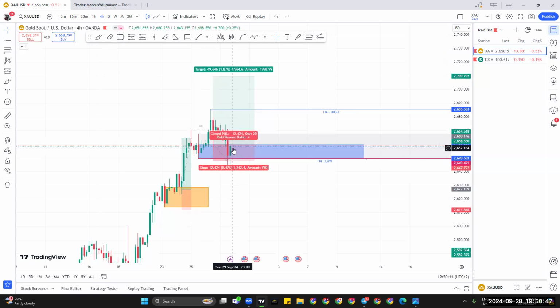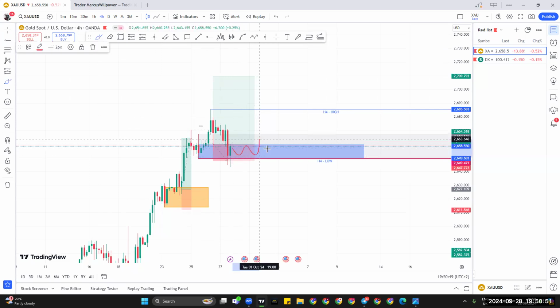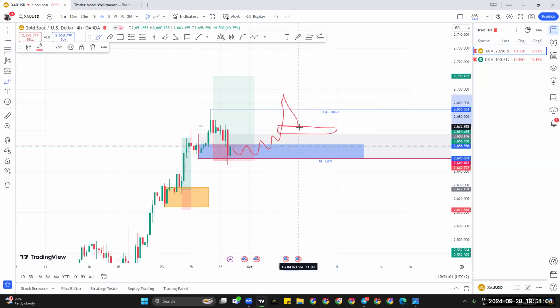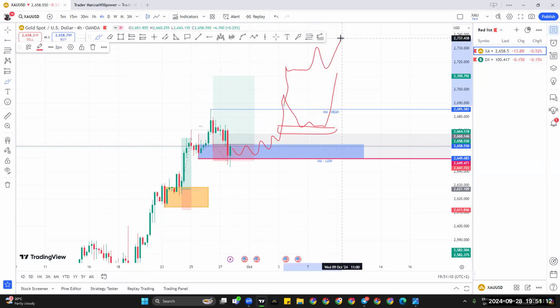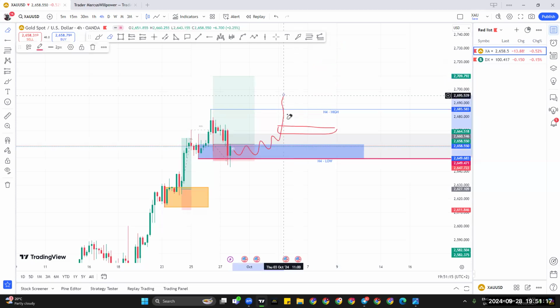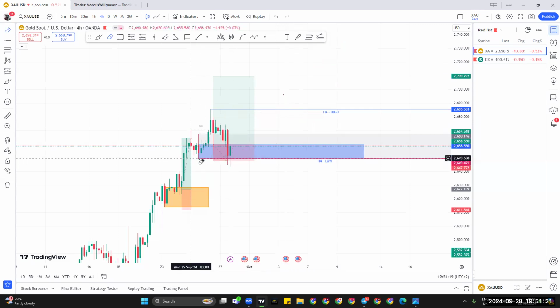The only thing that I can do is wait. If we get a close above this area and I have order blocks maybe down in here, I'll wait for a retracement into the order block and a push up. Or if we keep pushing up and create order blocks up here, I'll wait for a test of the order block and a push up. That's all I can look for if the market decides not to close below this previous low.